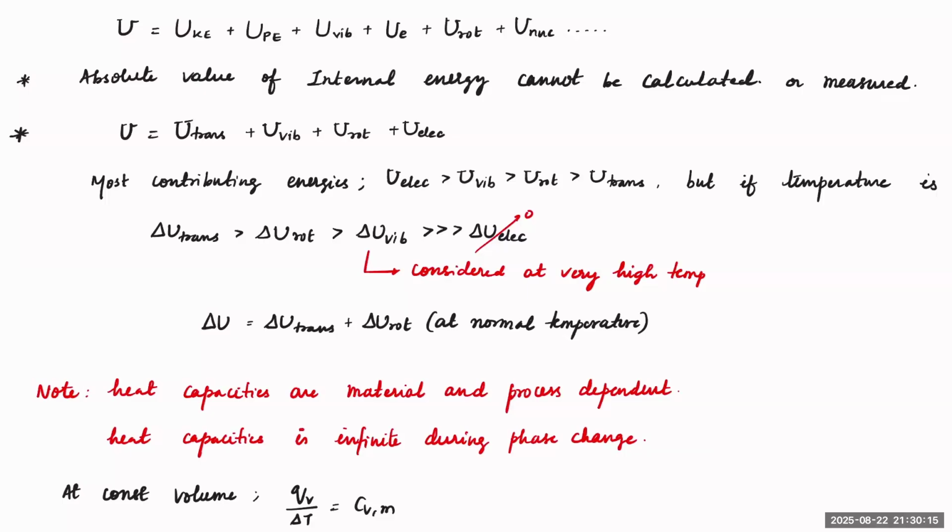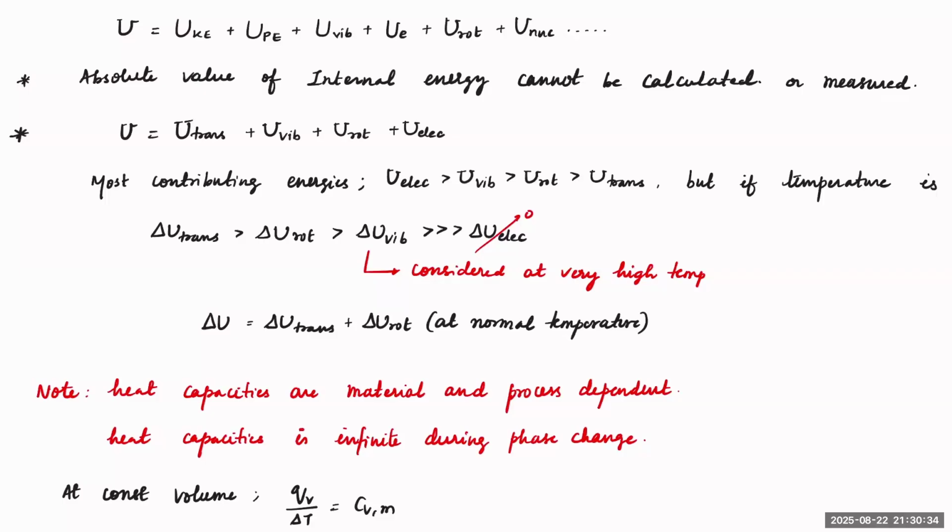Correct. So here we assume that this vibrational motion's internal energy is only contributing at high temperature. Otherwise, vibrations are not much effective in contributing to the overall internal energy.